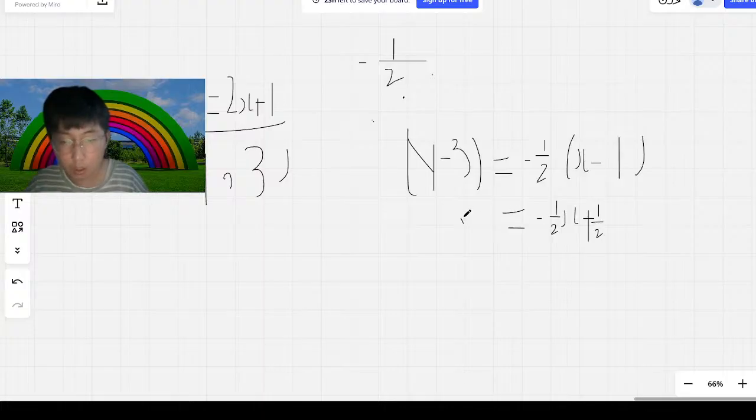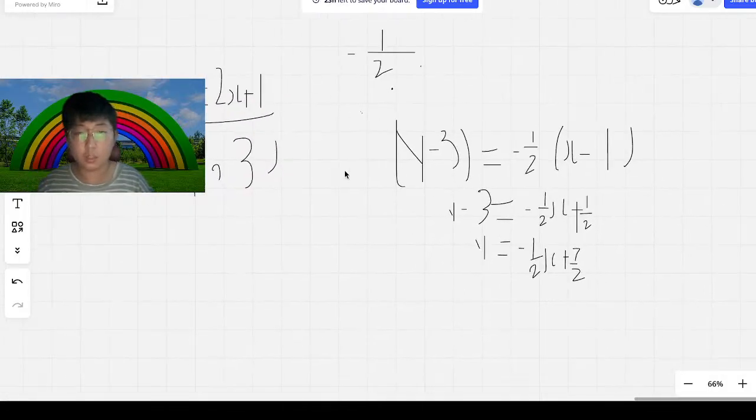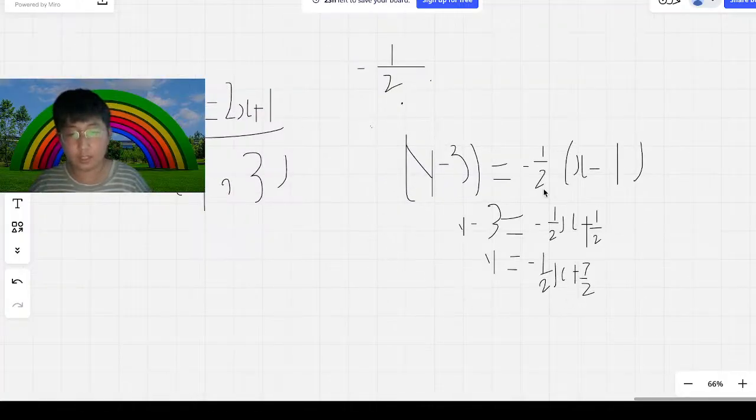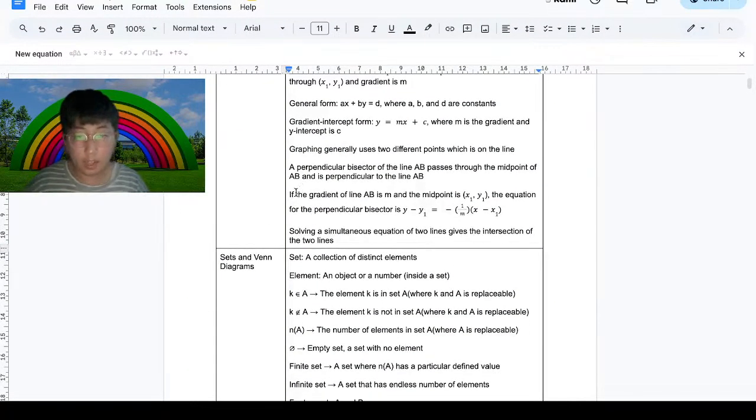And then we can also add 3 to both sides after this, which will give us -1/2 x plus 7/2. Alright, so this is how we would use the midpoint and the gradient to find the equation for a perpendicular bisector.